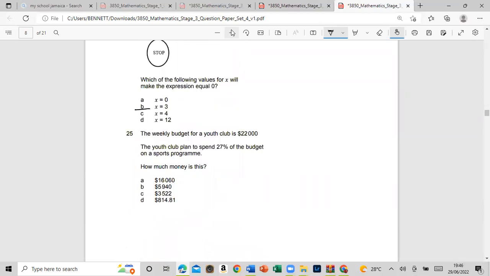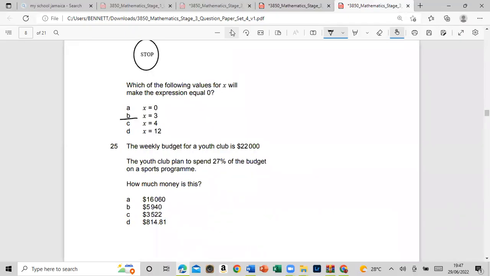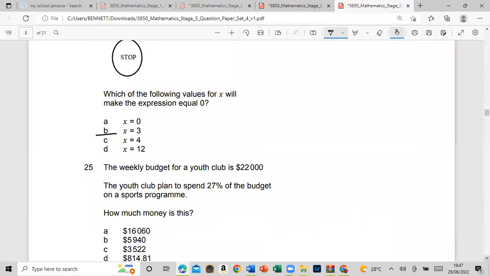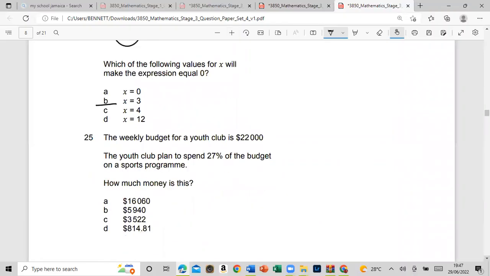The weekly budget for a youth club is 22,000. The youth club plans to spend 27% of the budget on a sports program. How much money is left? So we're going to have to find 27%. Then subtract 27 from 100. And that will give us what? 73. So basically, 73% of it.